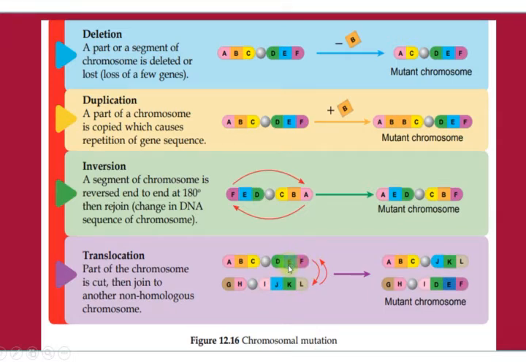That is the translocation. At last it will produce a mutant chromosome. These are the types of chromosomal aberration involved in the chromosomal mutation.